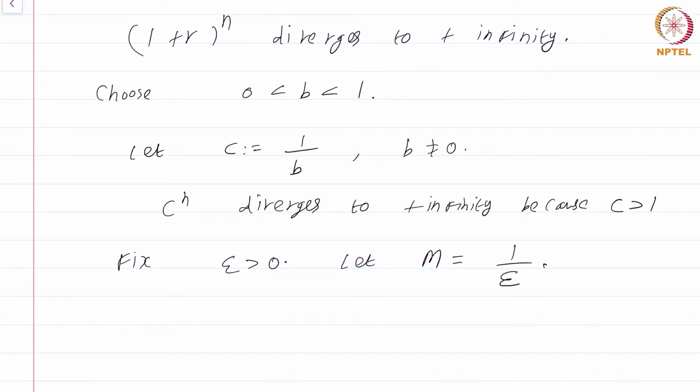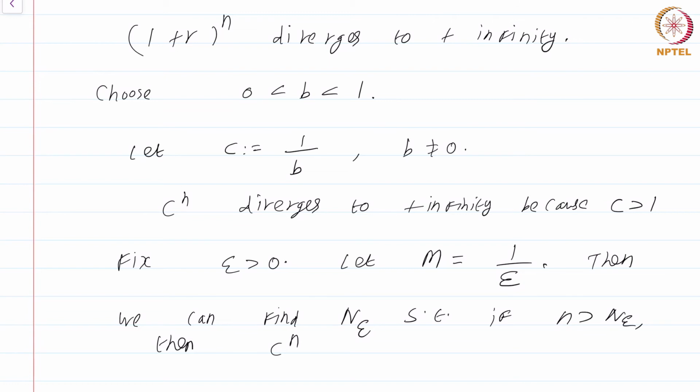Then we can find n epsilon such that if small n is greater than n epsilon, then c power n is greater than 1 by epsilon.